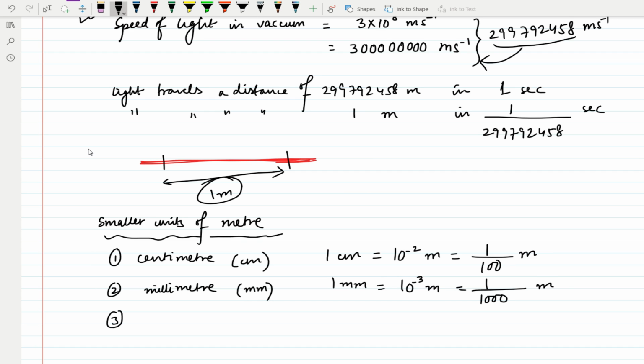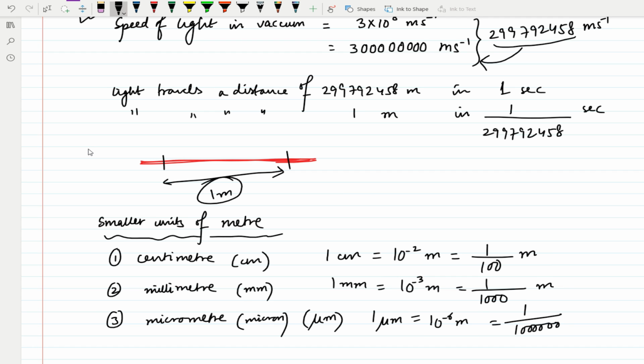The third one is micrometer, also known as micron. And 1 micrometer is 10 to the power minus 6 meters, or you can say 1 by 1 and then 6 zeros, meters.